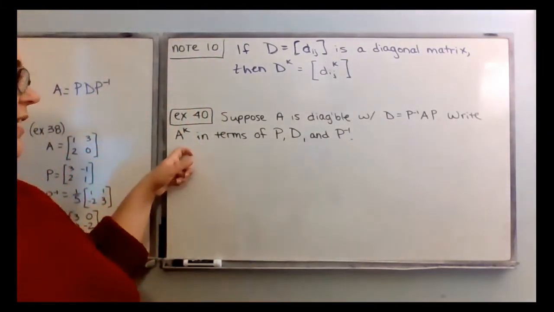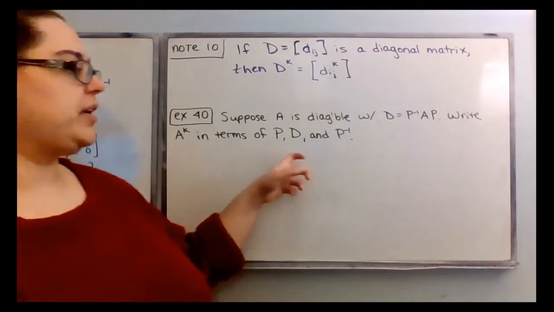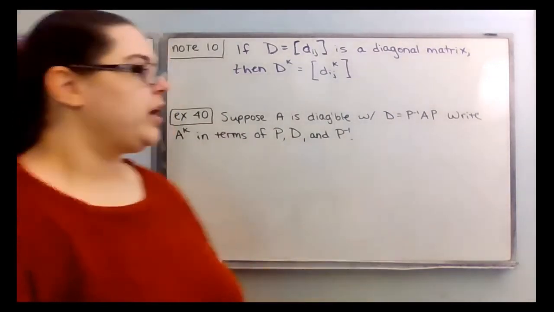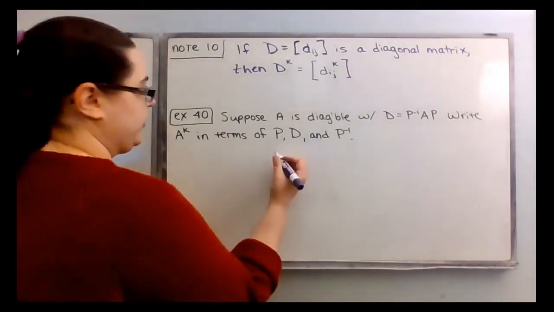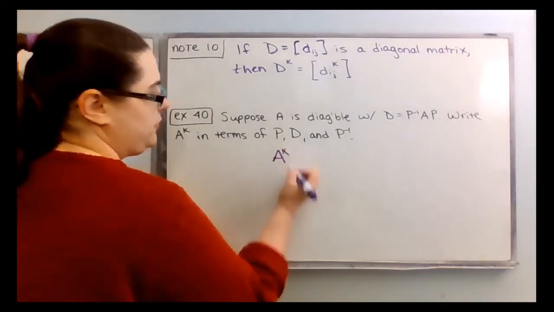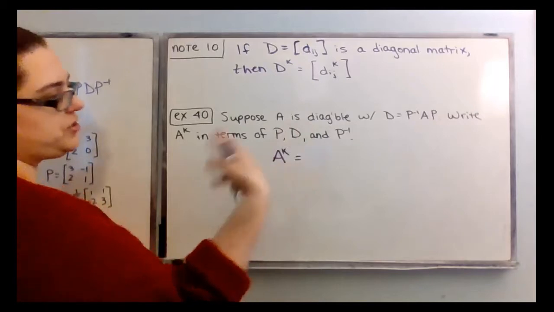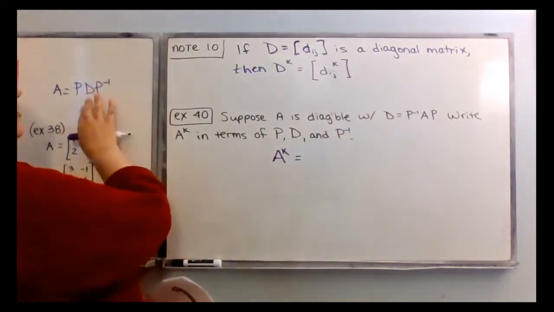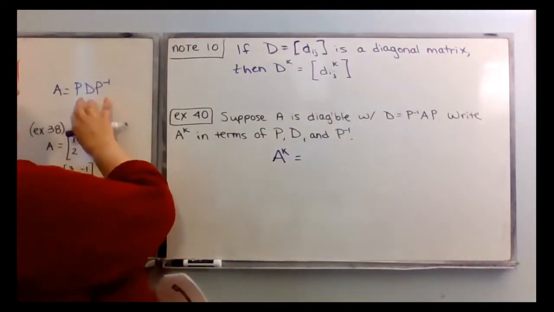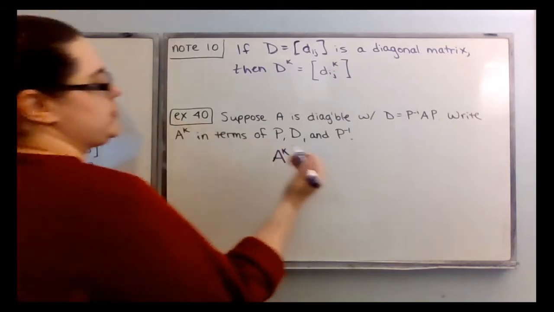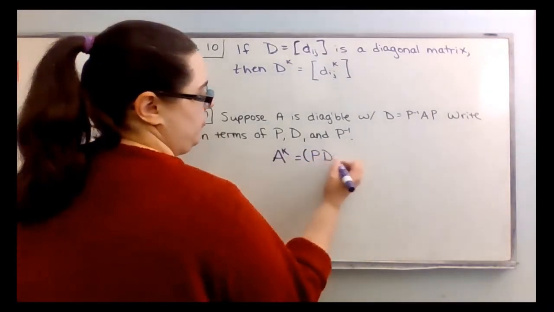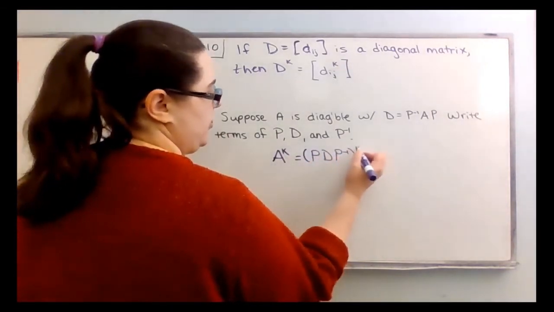And we're going to write A to the K power in terms of P, D, and P inverse. So let's start that out. We've got A to the K. Well, since we're diagonalizable, we can come back to this relationship here. So we know that A is going to be P, D, P inverse to the Kth power.